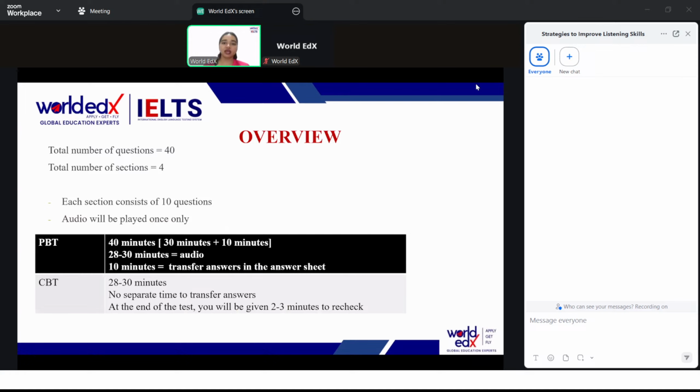Let us first look at the overview of the listening section. It is going to be divided into 4 parts, and each part contains 10 questions. So the total number of sections is 4, and from each section 10 questions, that amounts to 40 questions in general. And since it is a listening section, you will be made to listen to an audio.